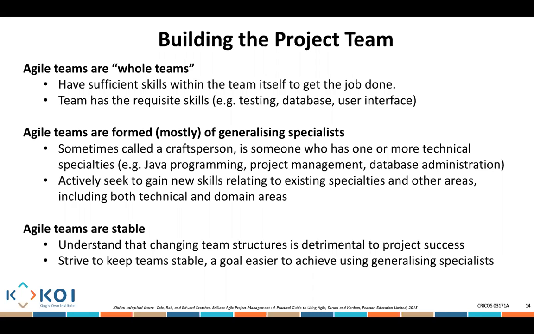Now, another thing about agile teams is that agile teams are stable. Don't change them. Don't keep on changing the structure. If you change a team, you change how they work, and it will negatively influence the way the project is progressing. People need to have the same approach, the standard way of doing things.